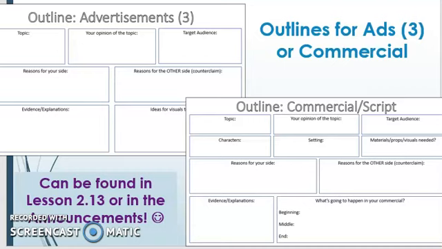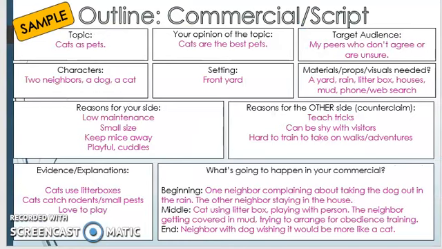There are different outlines. We have the ones for our advertisements, as you can see here. We also have the ones for the commercial or script. These can be found in lesson 213 or in the announcements, so you can grab them from there. We also have an outline for the essay, which we'll look at in a few. So here's a sample commercial script outline.